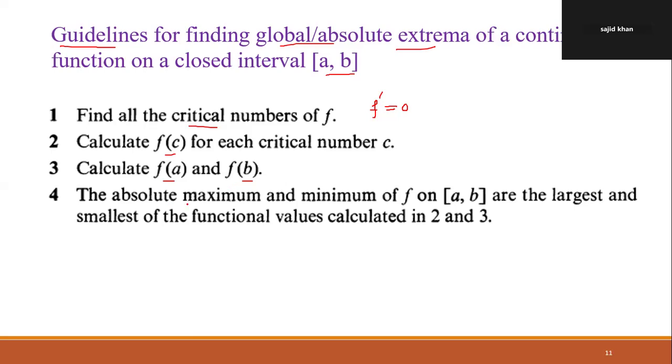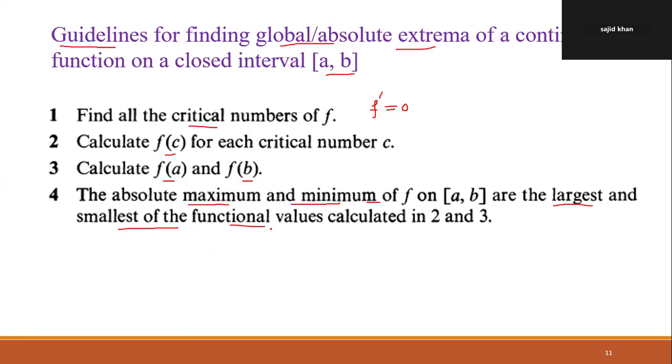After that, judge, classify or identify the function values. The largest value is the maximum value and the smallest value is the minimum value of the function values calculated in points 2 and 3.